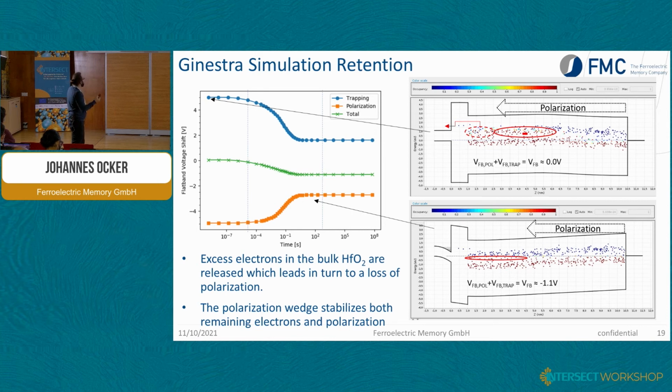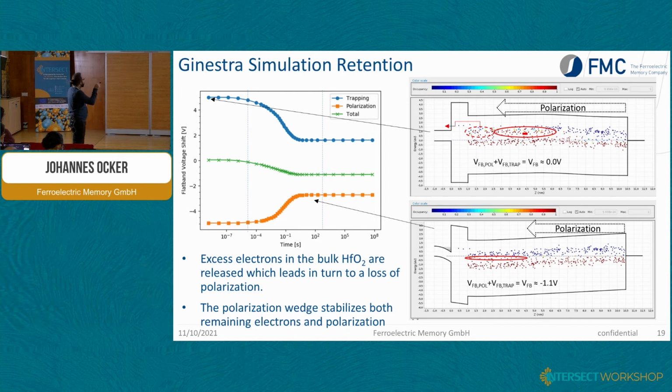After we programmed the cell, there are still these electrons in there, and we have the polarization, and effectively they cancel each other out. The trapping VT or flat band voltage shift is around 5 volt, and the one from the polarization is also minus 5 volts. So in sum, they are 0.